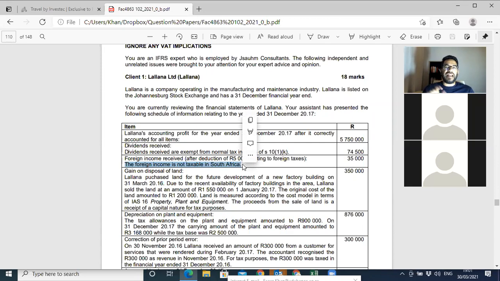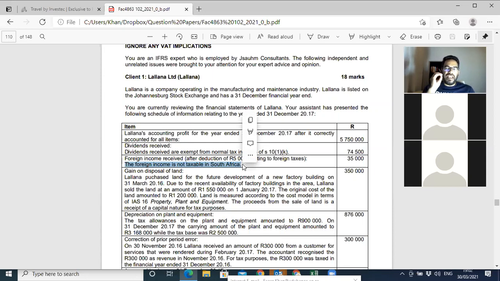Because the tax line item is accounted for separately in the line item called income taxes. So in this type of question, what generally happens is the accountant does the following. In the bank account comes 35,000 Rand. So all the accountant does is debit bank 35, credit other income 35. The problem with that is that 35,000 Rand is after tax, because you earned 40,000 Rand in a foreign country.